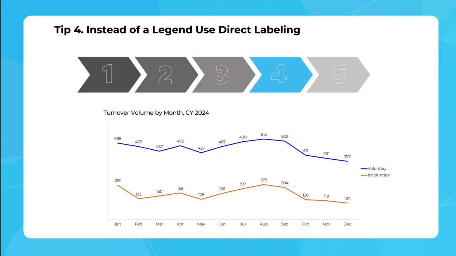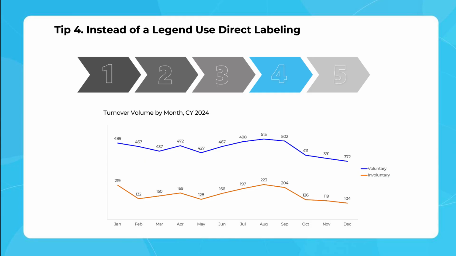All right, next is instead of a legend, use direct labeling. In this example, the legend is not necessarily serving a purpose, but it's also not super distracting. Let's say it's below the button or somewhere in the corner, that might be asking your audience to interpret it a little bit more.